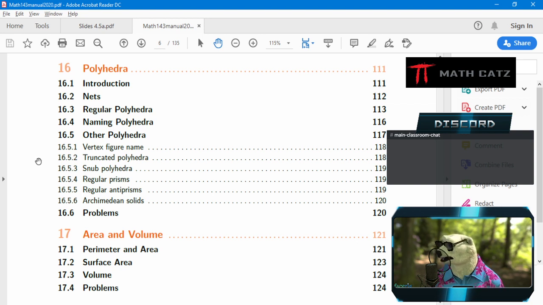Can you find faces, vertices, edges of a truncated platonic solid? Or a regular prism? Or a regular antiprism? How many Archimedean solids are there? And can you name one? And that's it. Well, there's another page, but that's the next chapter.